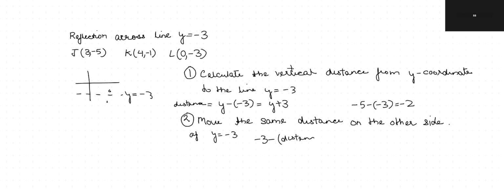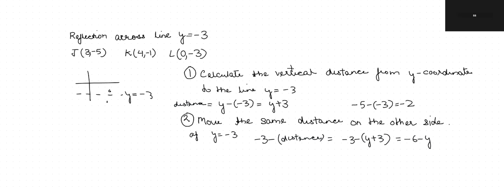Move the same distance on the other side of y is equal to -3. So this will be -3 minus y minus 3, which is -6 minus y.